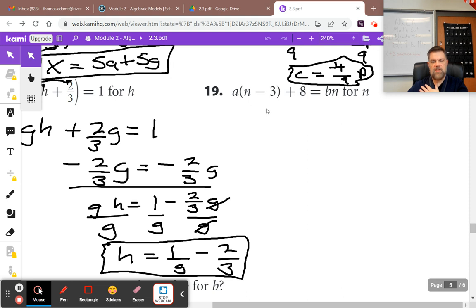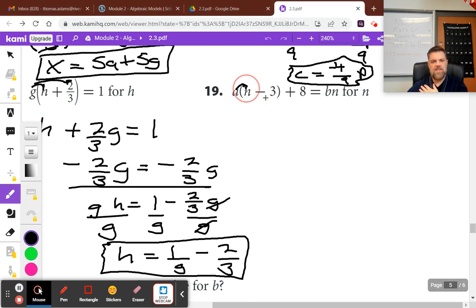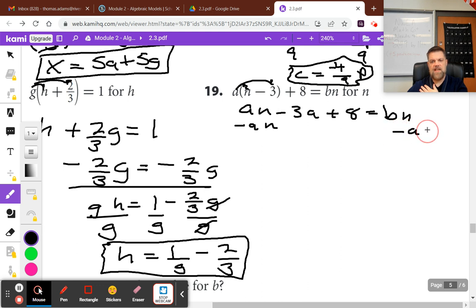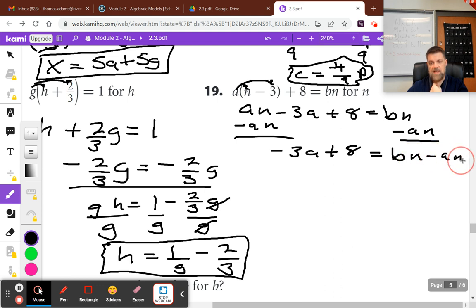So we got to solve for n. So for this one, boy, this is a tough one. I got to hurry up. This is going to be a times n. A times negative 3 is negative 3a plus 8 is equal to b times n. I'm going to move this an to the other side by subtracting an from both sides. That gives me negative 3a plus 8 equals bn minus an.